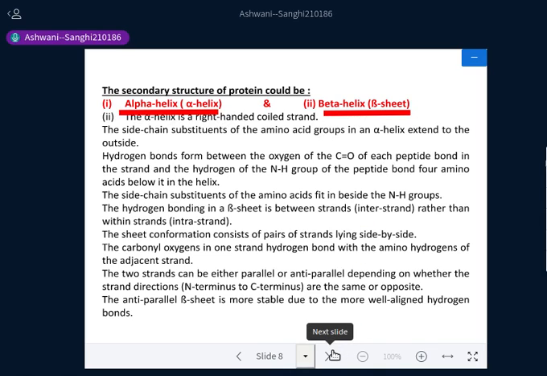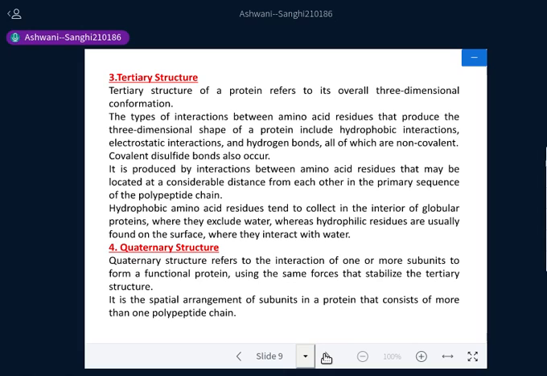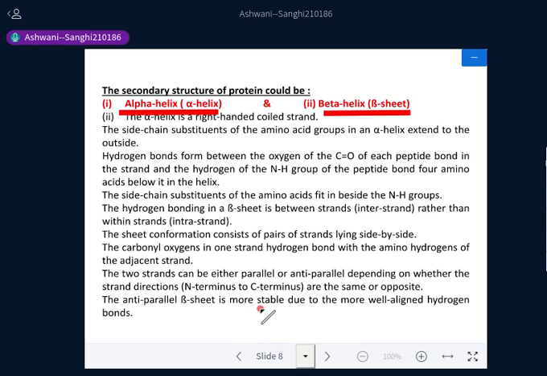Alpha helix contains intramolecular hydrogen bonds, that is, hydrogen bonds within the same chain, and beta pleated sheet contains hydrogen bonds between the same chain and different chains.